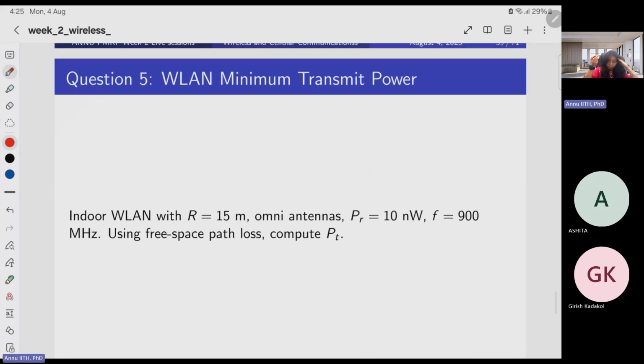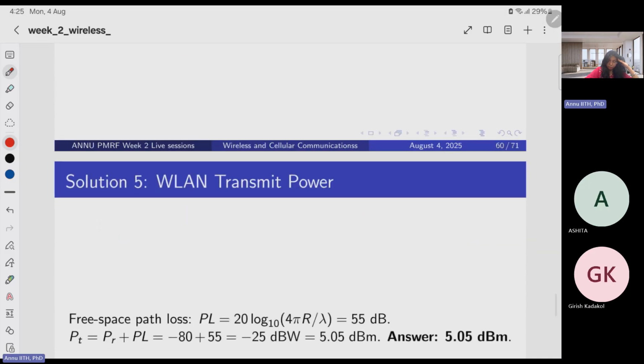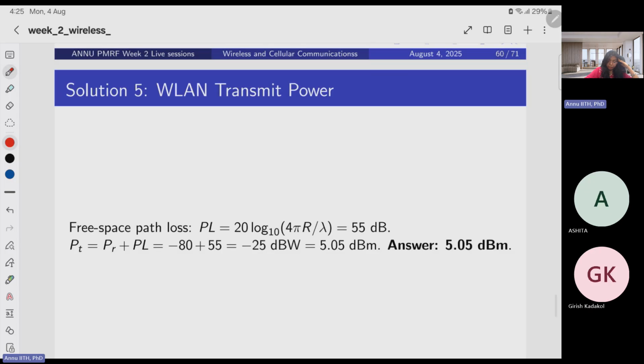Now, an indoor WLAN, a wireless local area network, with a range of 15 meters, using omnidirectional antennas. Using free space path loss, you have to calculate PT. The similar formula is there. Path loss is 20 log 10 of 4 pi D divided by lambda. So PT is equal to PR plus path loss.